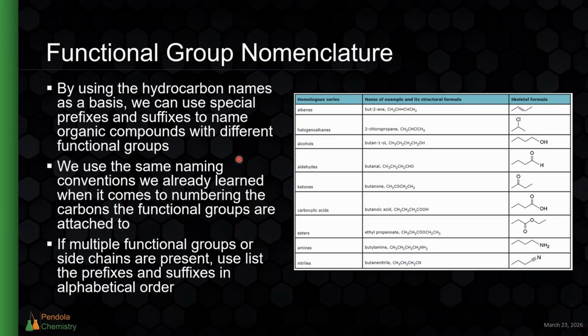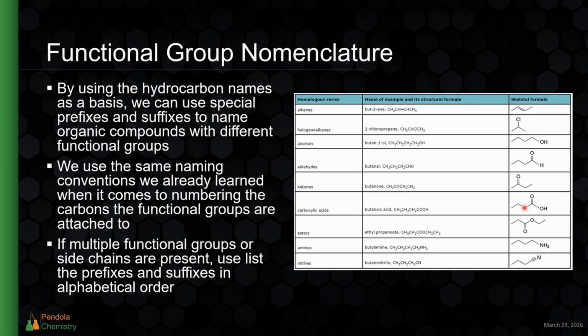We're also going to number the carbons the functional groups are attached to. But with some of these, this makes a little more sense than others. So for things like the halogenoalkanes, the alcohols, the amines, or the nitriles, the groups where we're replacing a hydrogen, it's pretty simple. It's just which carbon they are attached to. But with things like aldehydes and carboxylic acids, which are always in carbon 1, we don't need to do that.